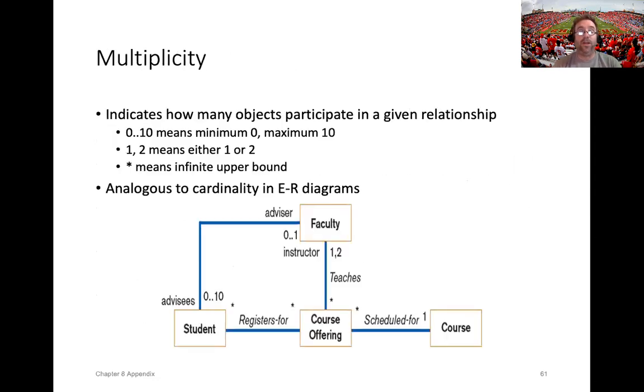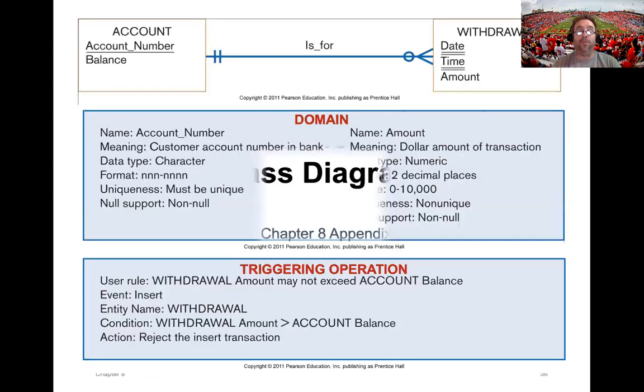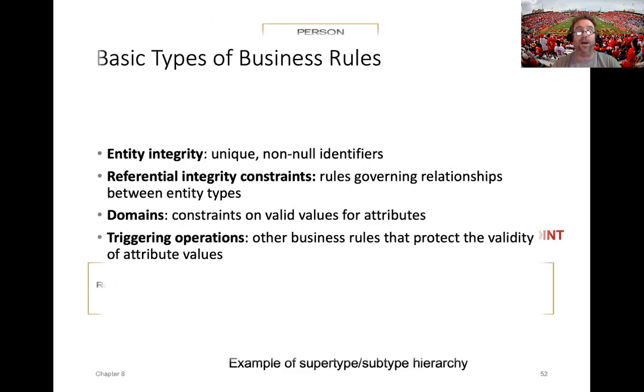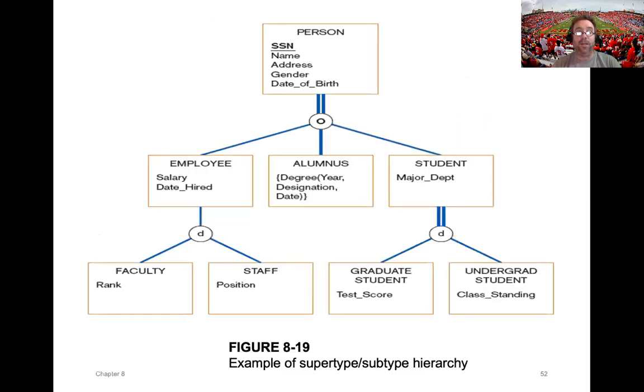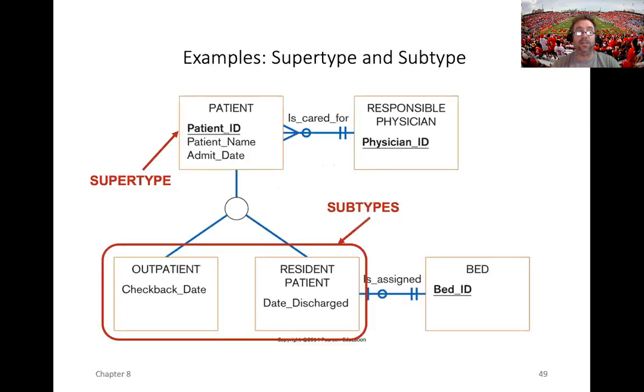Let me just quickly go back to, it's not an object class, but just to make sure you understand the idea, let me go back here. Here we go. So you remember, we have patient, and we have patient ID, patient name, and admit date. And then in outpatient, we have check back date and date discharge.